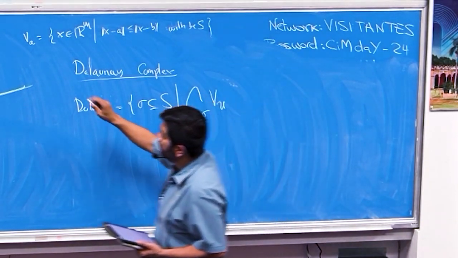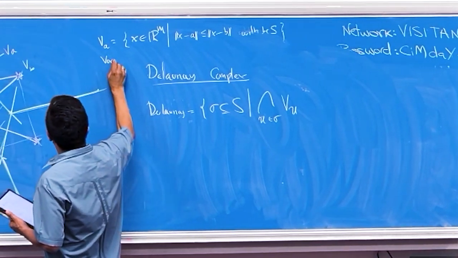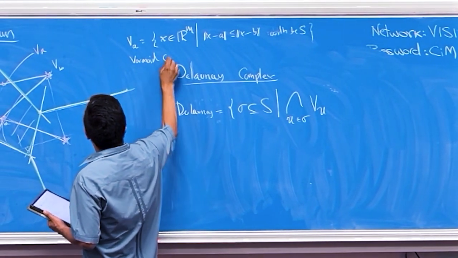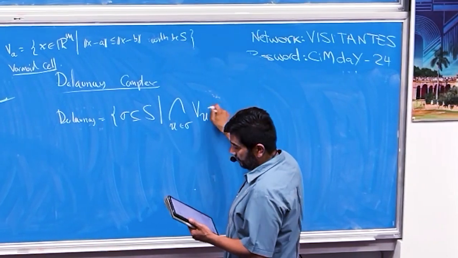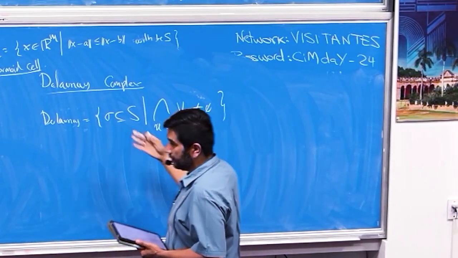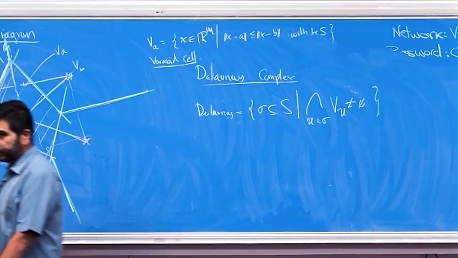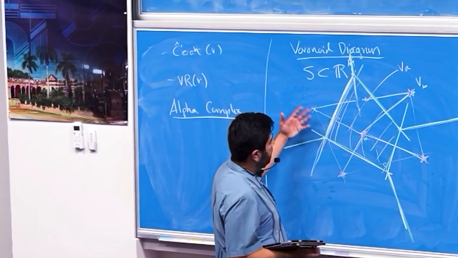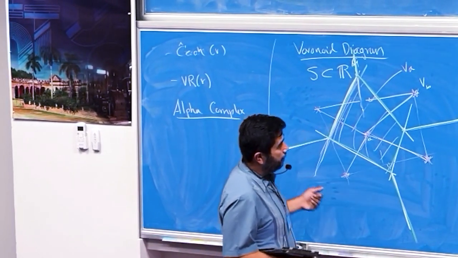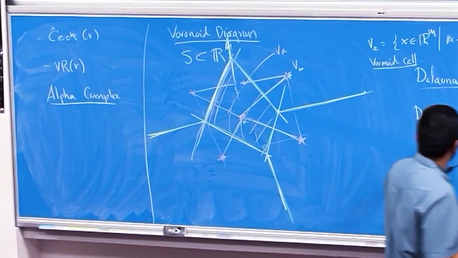These are called Voronoi cells. This is just a way of constructing a complex associated with these 5 points. Well, this is the Delaunay complex.